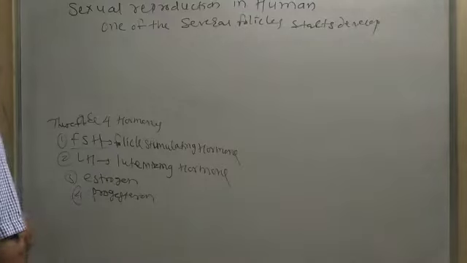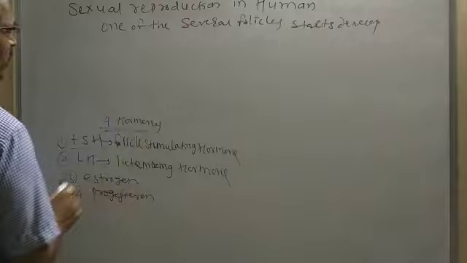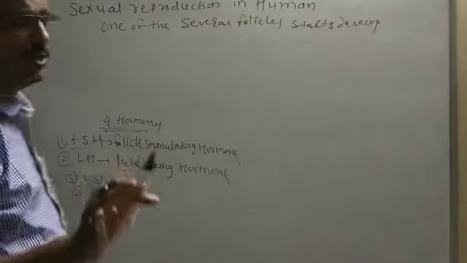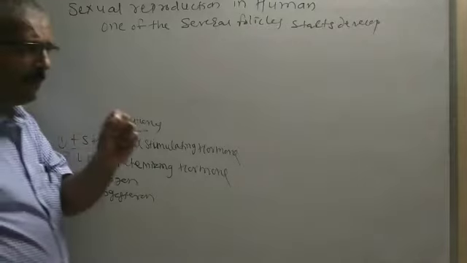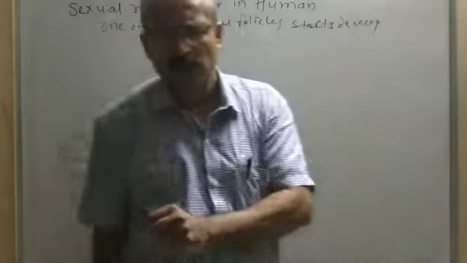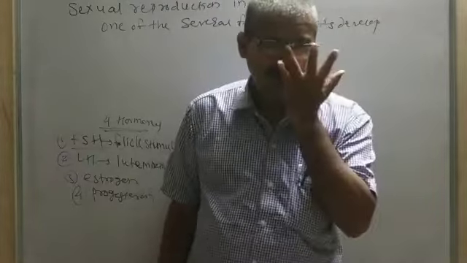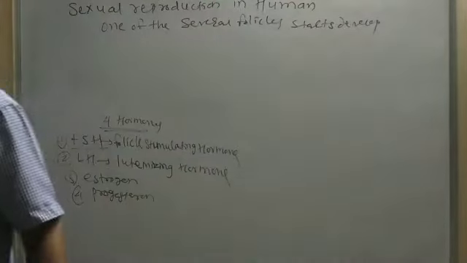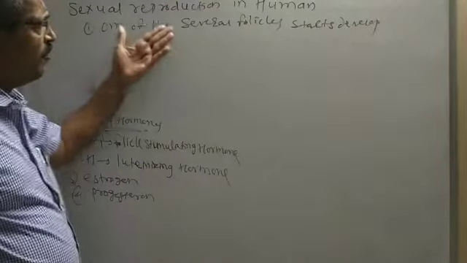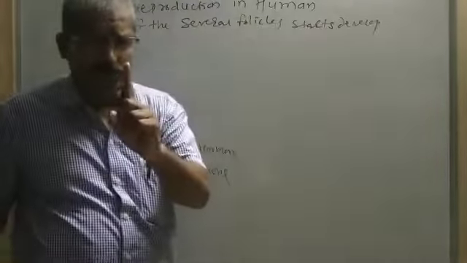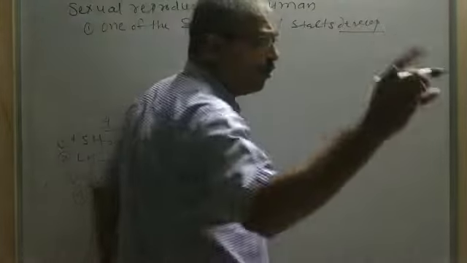These four hormones are very, very important for the menstruation cycle, playing a very important role in the human reproductive system. Now we will study what I have written. The first step is that one of the several follicles, meaning only one follicle, starts to develop along with the oocyte.